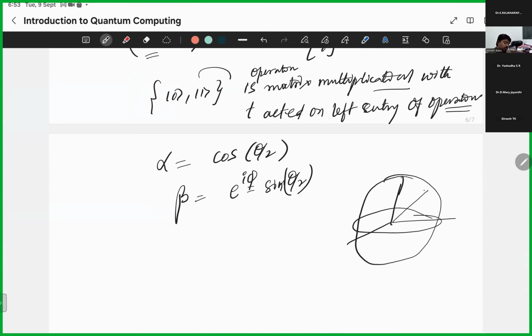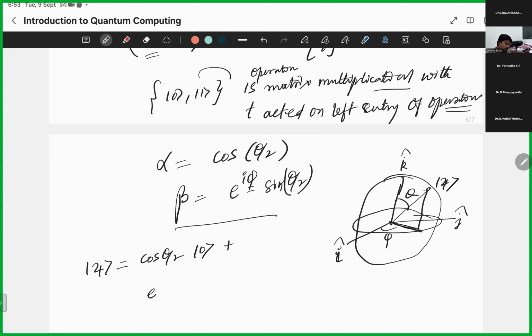If this is a quantum state which makes angle theta with the k vector, its shadow makes an angle phi with the x-axis. So you get a quantum state cos(theta/2)|0⟩ plus e^{i phi} sin(theta/2)|1⟩.